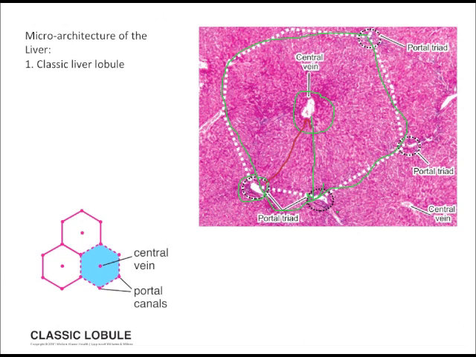The next video will describe the flow of bile through the liver. So again, this is the most commonly used term to describe the microarchitecture of the liver: a central vein surrounded by portal canals in the periphery. Typically, you'll see anywhere from 4 to 6 portal canals in the periphery.